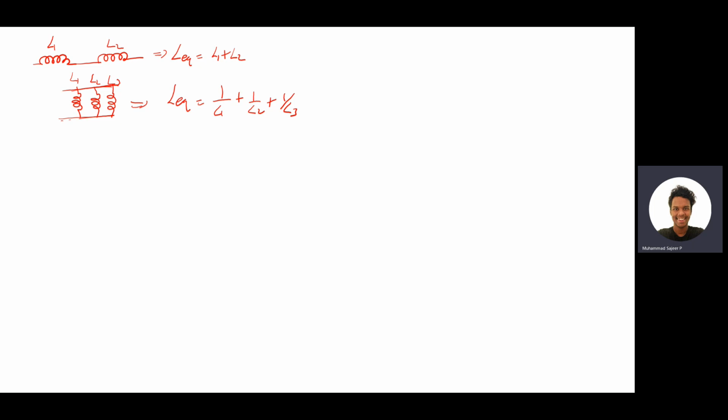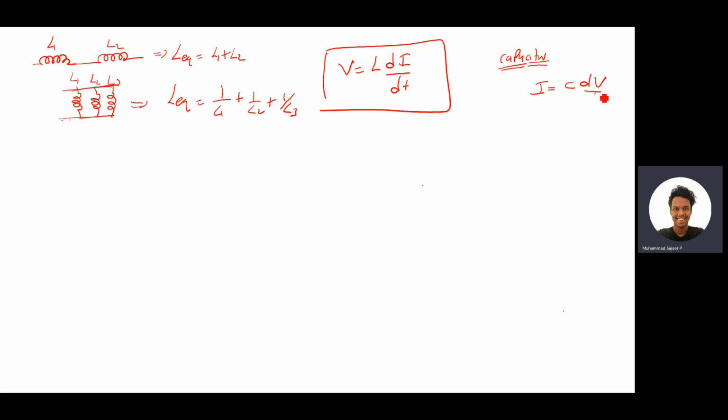The common formula for inductors is V equal to L into di by dt. And for the capacitor, remember, it is I equal to C into dV by dt.